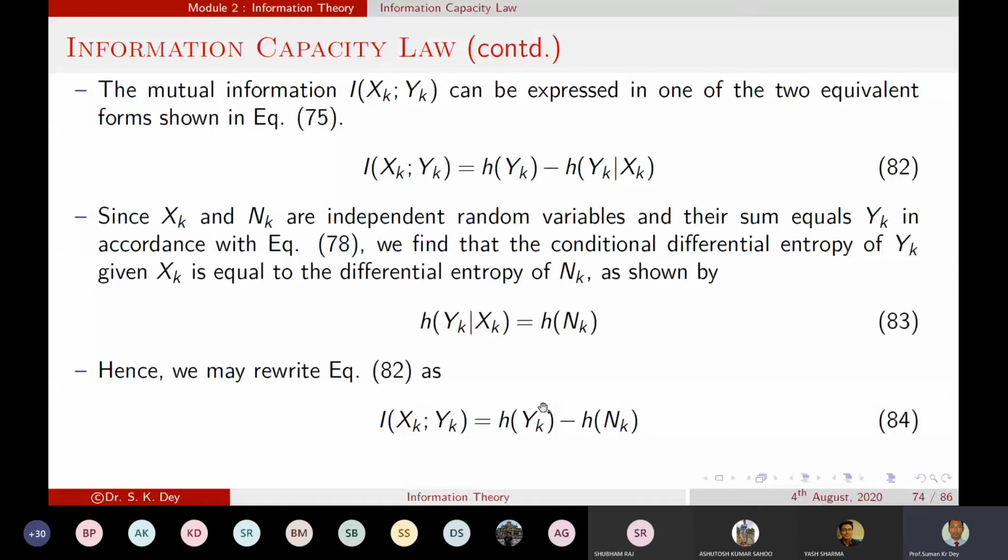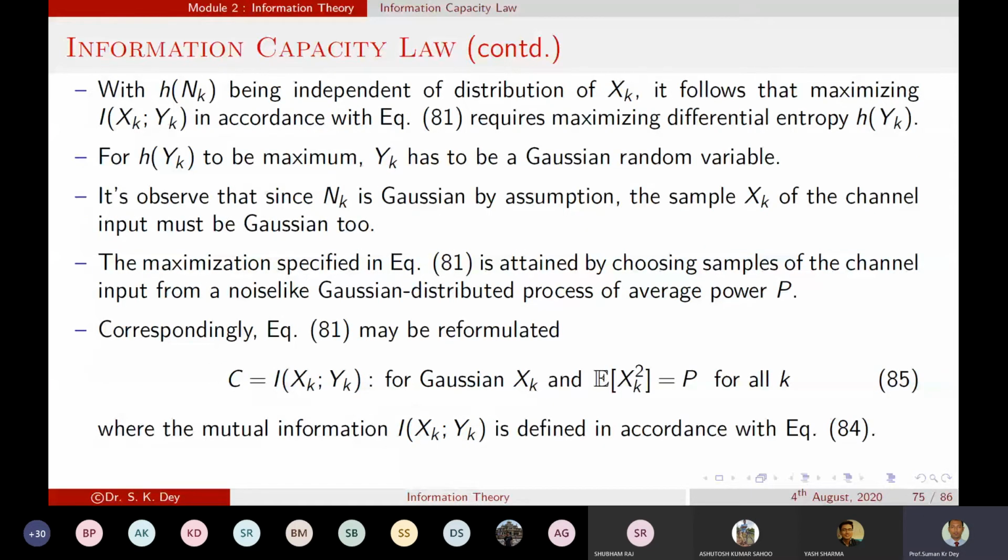That means we need to find something where the differential entropy is as large as possible. And we have seen the differential entropy is maximum when we consider yk to be a Gaussian random variable.